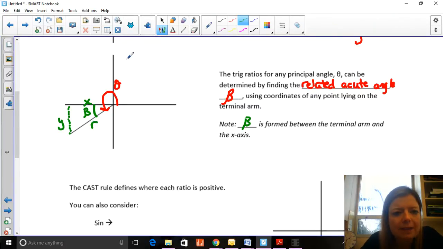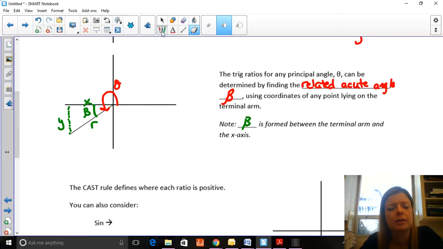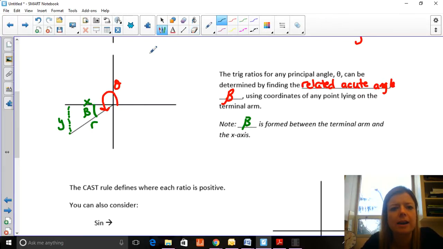So just remember that the absolute value of the sine of theta, so your big angle, is equal to the absolute value of the sine of beta.